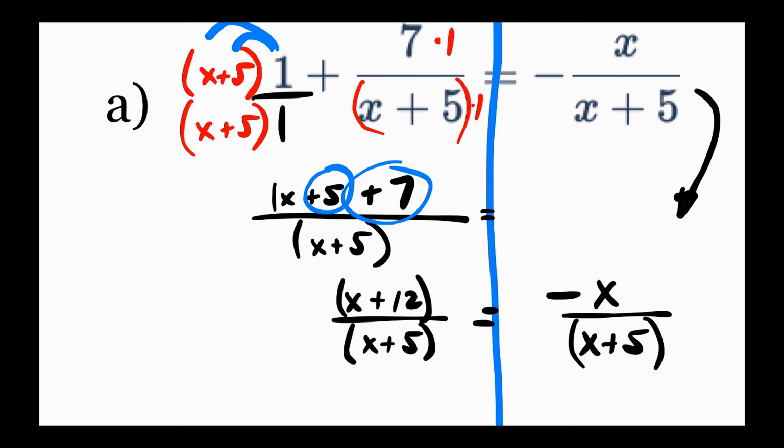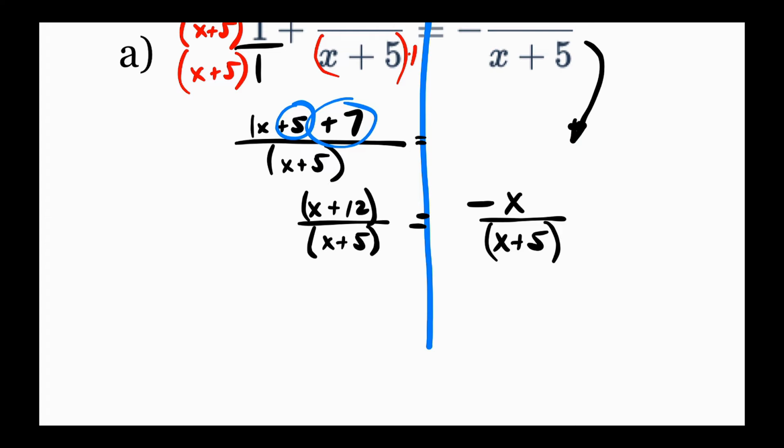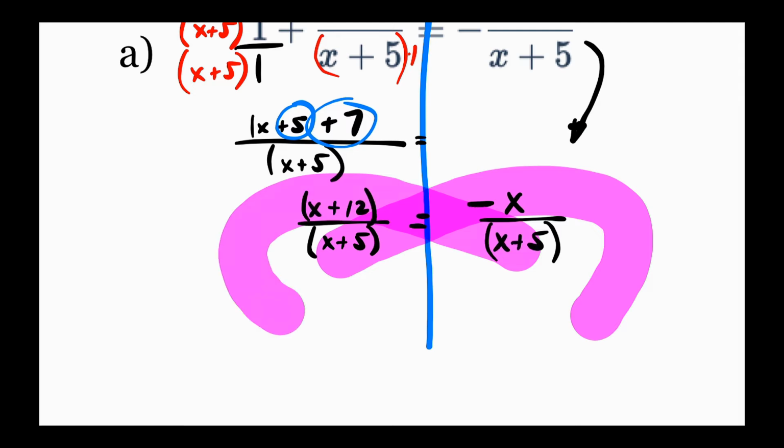Cross multiply. Okay, so we're going to cross multiply now. So I'm going to cross multiply here, cross multiply here. So one side, it's going to be negative x times x plus 5. The other side is 2 binomials.